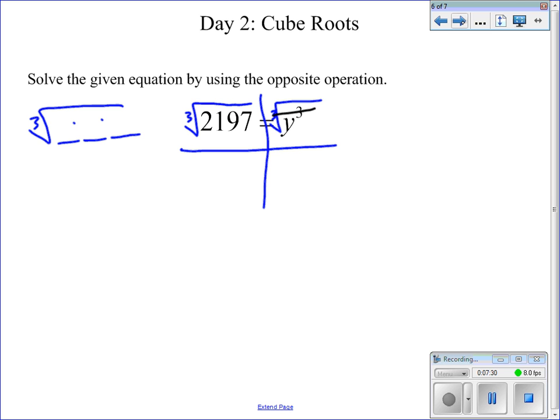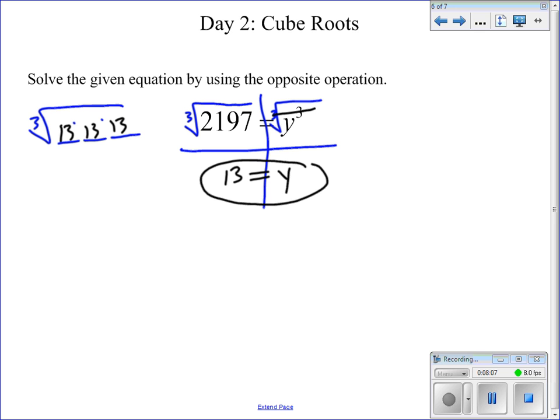So let's try 16. 16 to the third power gives us 4,096. It seems kind of high, so let's drop it down to 13. 13 to the third power, typing it into my calculator, gives us 2197, so I did guess right. 13 goes here, y goes here, and we're left with y equals 13.